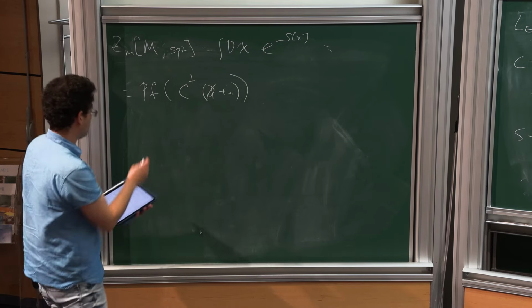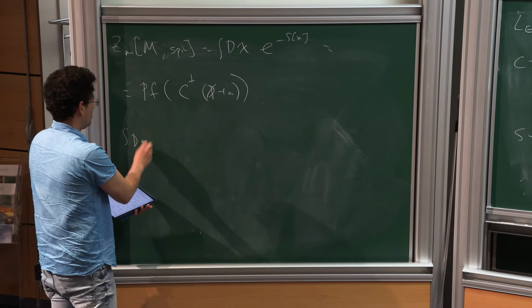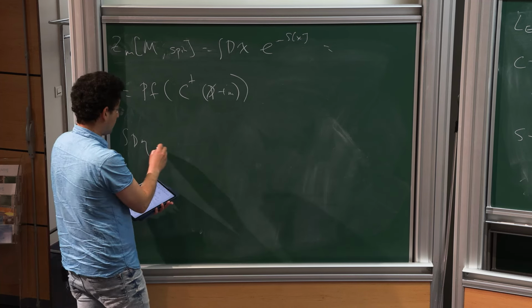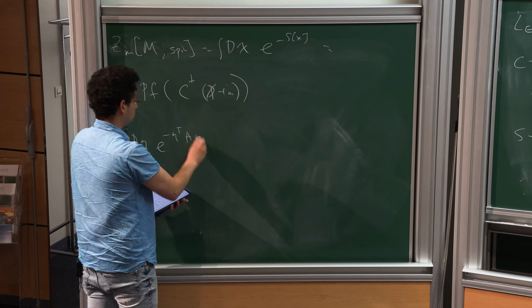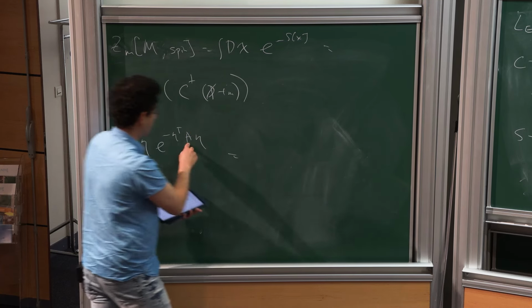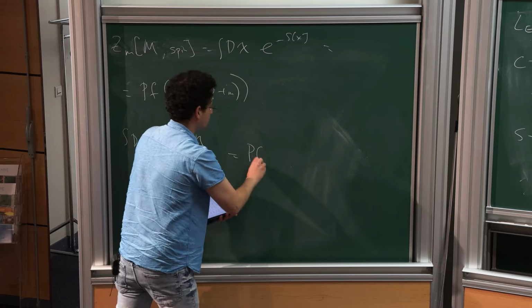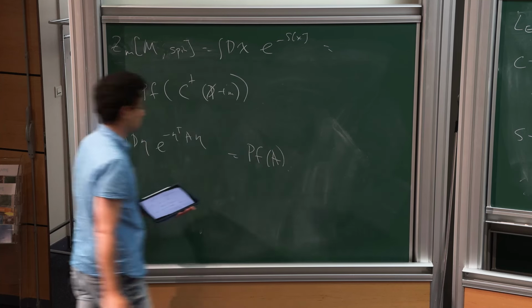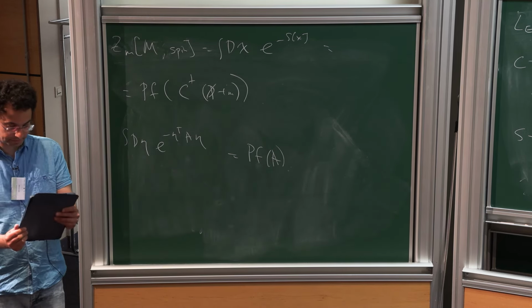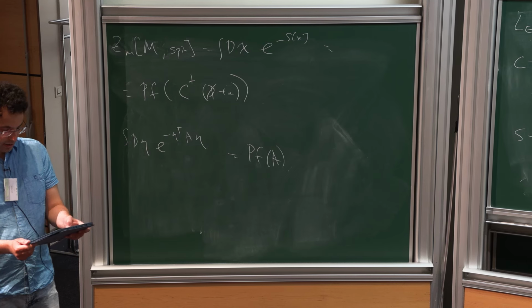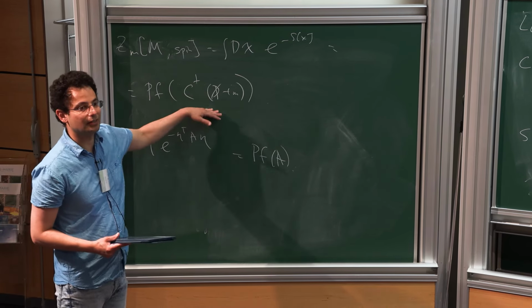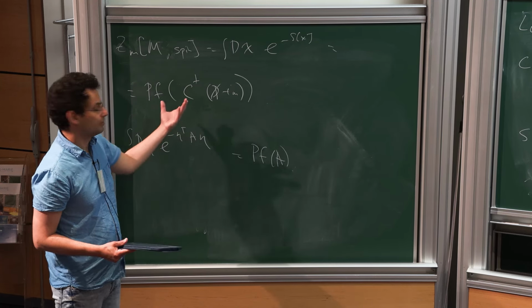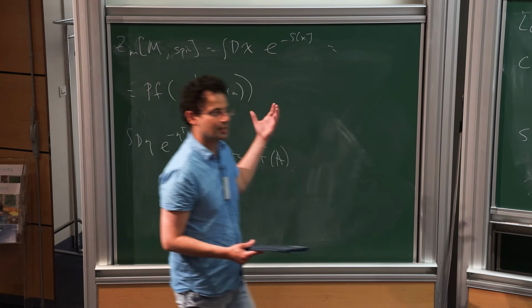Remember, if you have a Grassmann path integral like this, and A is an antisymmetric matrix, then this is the Pfaffian of A. Okay, so now we have to calculate this Pfaffian, but with fermions there is always the issue of the sign, right?